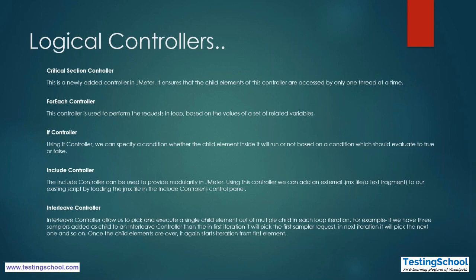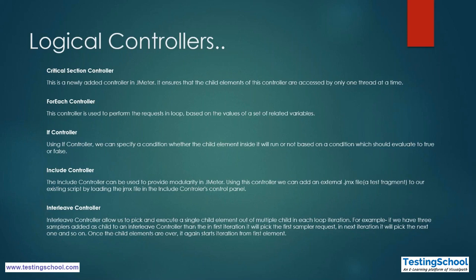Suppose you have multiple threads, and you want a specific request to be executed one at a time, not in parallel. If you don't want the same request to be executed by multiple thread groups at a time, then you should place it in the critical section controller.